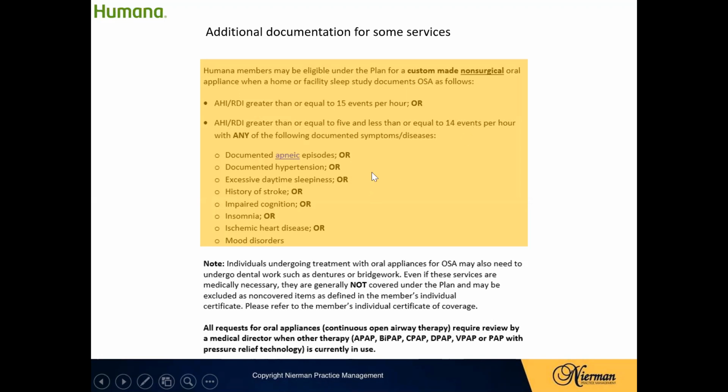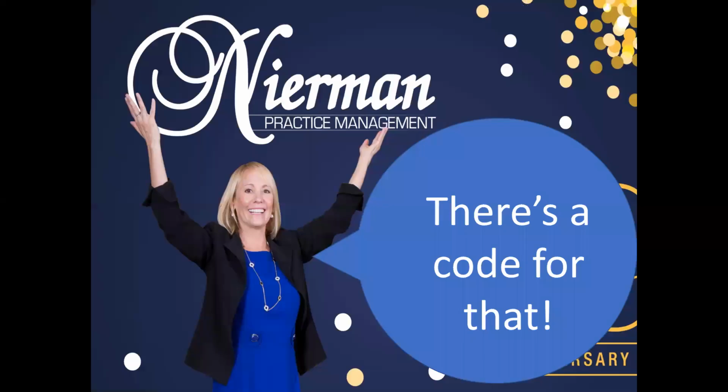The patient also has to have any of these symptoms: apneic episodes, hypertension, excessive daytime sleepiness, history of stroke, impaired cognition, insomnia, ischemic heart disease, artery disease, or mood disorders. So you can see where your documentation is important, including a copy of the sleep study if you're billing for dental sleep medicine. That will be required too.